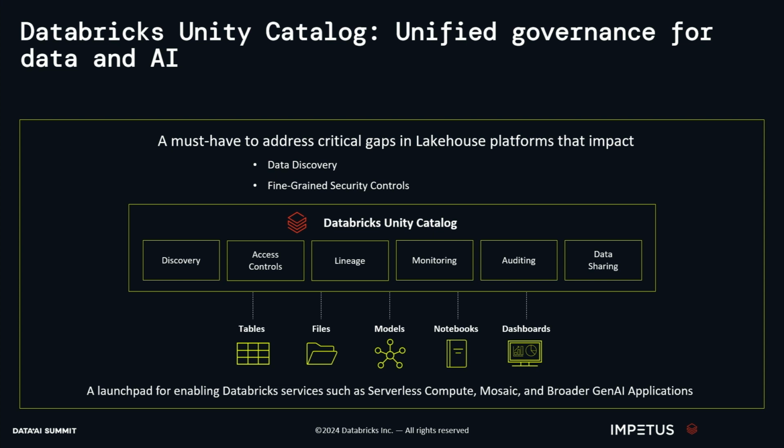As data assets keep getting added, you want to know what processes as well as what data assets are getting created and what is being consumed. So having this end-to-end lineage becomes very critical, and that's where Databricks Unity Catalog is good at. Then the next thing is monitoring. Having good visibility and being able to observe from a monitoring standpoint helps. And then auditing and data sharing. This is more about the federated queries that Databricks Unity Catalog is able to support.